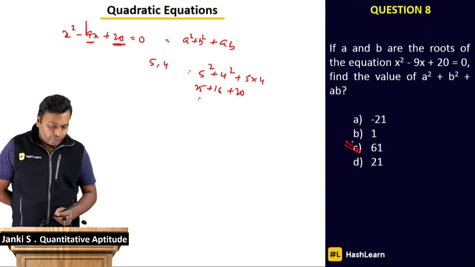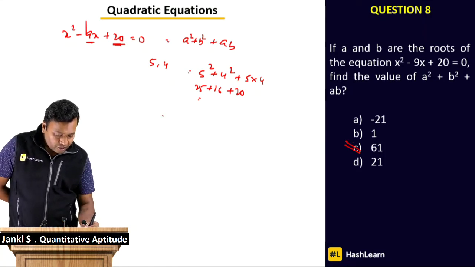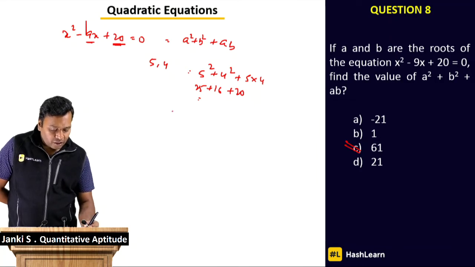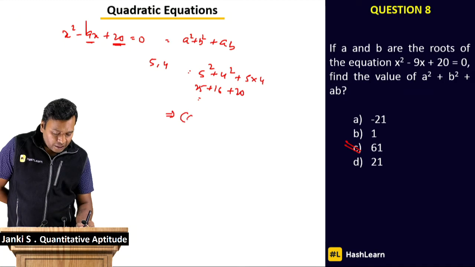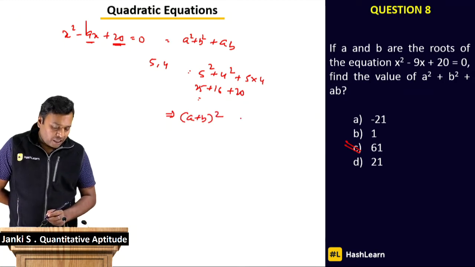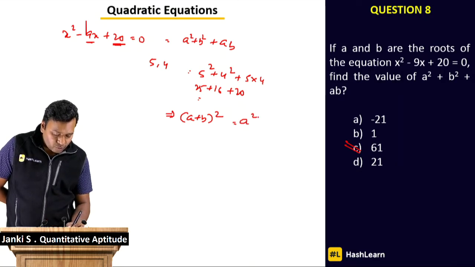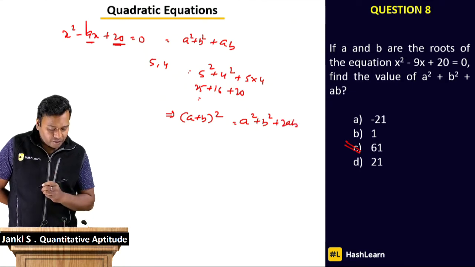If you are not able to break the thing, I can always take the value as a plus b. Here it can be written as a plus b whole square plus ab is my requirement, right? So a plus b whole square is what? It's a square plus b square plus 2ab, right?